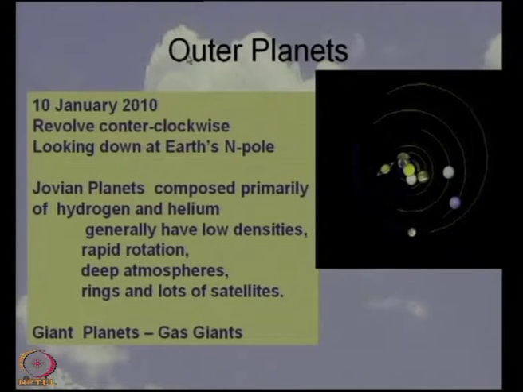This is a picture of the remaining planets, the outer planets. Again, this picture is as of 10th January 2010, and all the orbits rotate the same way. The orientation is the same, and the blue and green have the same interpretation.